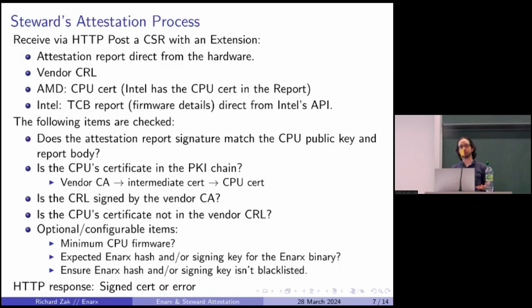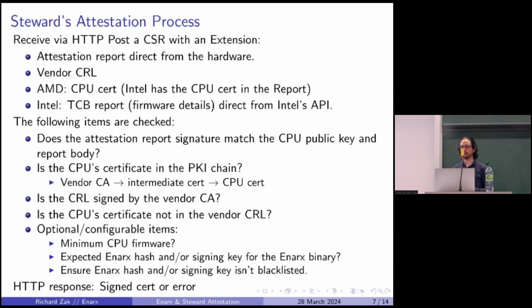But that's just the attestation report from the CPU. So in addition to that, we check a couple of extra things. One is we require that Enarx keeps an updated certificate revocation list from the vendor, and then that is included with the certificate signing request. Now for AMD, the public certificate is not included in the attestation report.